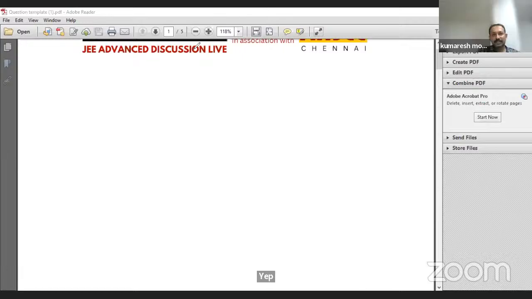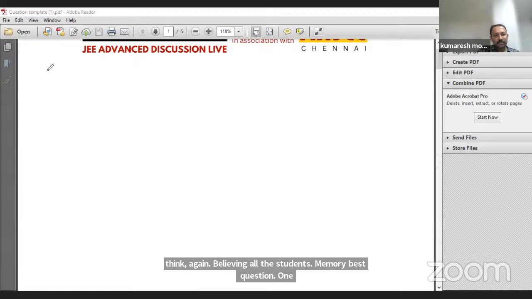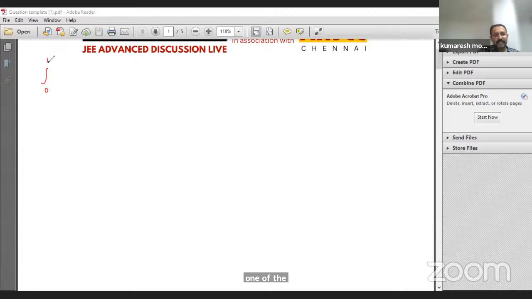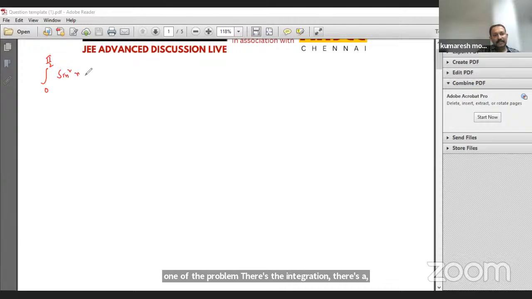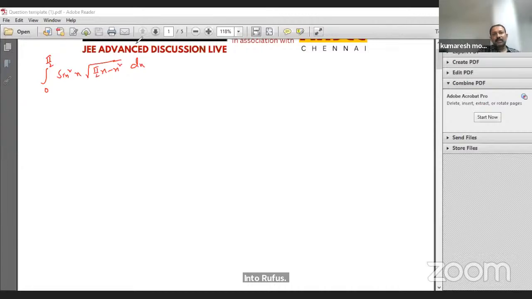So as per that memory-based question, one of the problems is on integration, a definite integration chapter problem. We need to find the integral from 0 to pi by 2 of sine square x into root of (pi by 2 x minus x square) dx. This is also one of the straightforward problems they have asked this year.